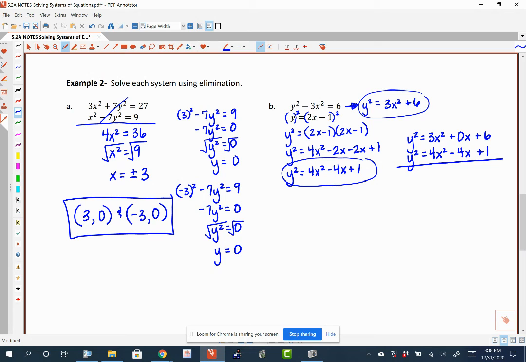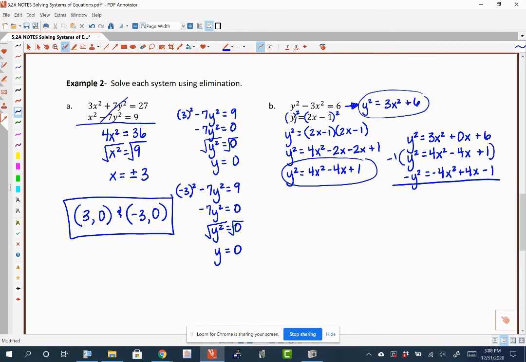So now when I think about eliminating these, they're not quite ready because I need to have one of these y squareds be a negative. So I'm going to think about this second one, multiplying it by a negative 1. So that's going to give me a negative y squared, a negative 4x squared, plus a 4x, and minus a 1.